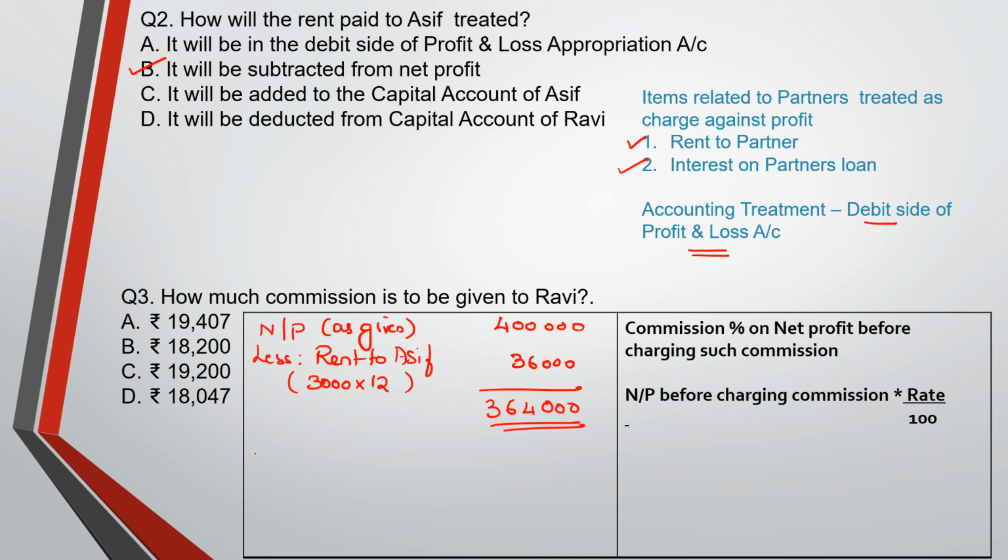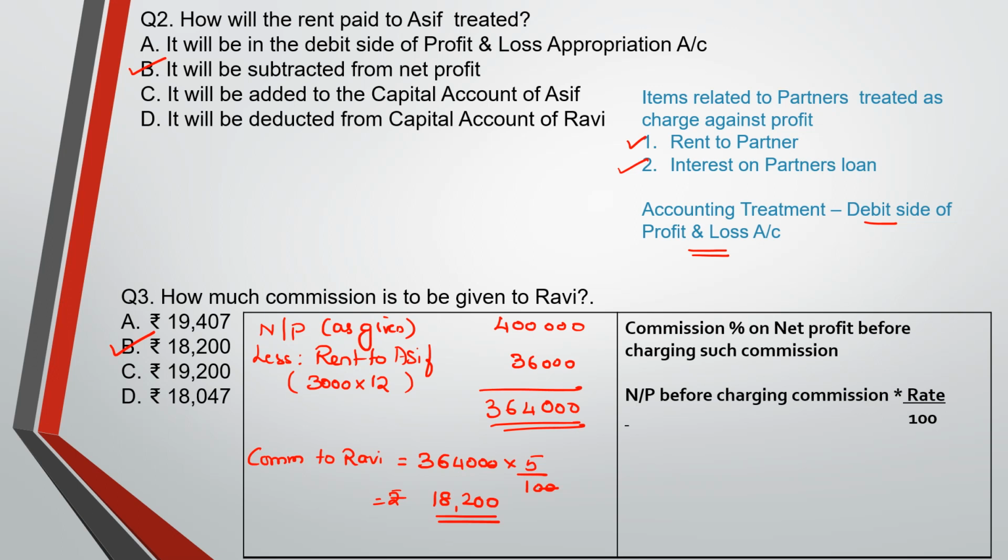Now use the formula for calculation of commission to Ravi, which is on 3,64,000 of profit at the rate of 5%. So when we calculate this, we get an amount of 18,200. Therefore, the correct answer would be B, 18,200.